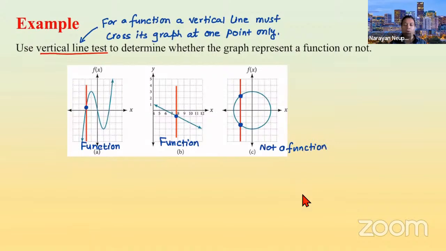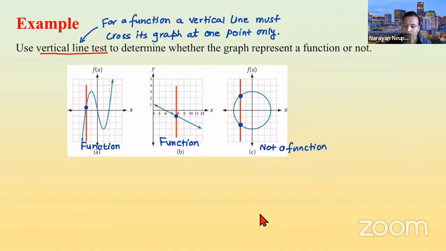So today we are really focusing on the fundamental concept of function, determining whether it's a function or not. In the first example, we created the mapping diagram and then determined whether it's a function or not. In this one, we used the vertical line test.